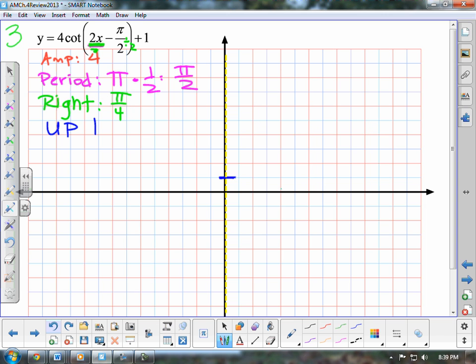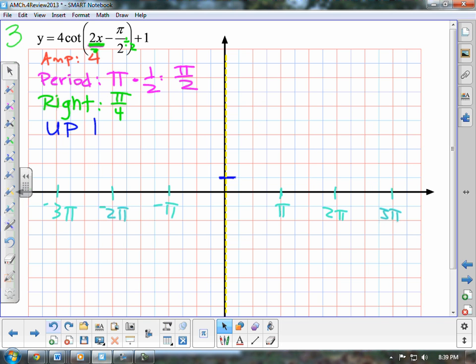And so we'll go to the fourth one out again and make that pi, and 2 pi, and 3 pi. And now because this asymptote has to be shifted to the right pi over 4, it would be there.